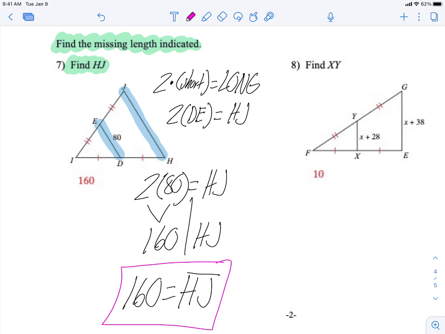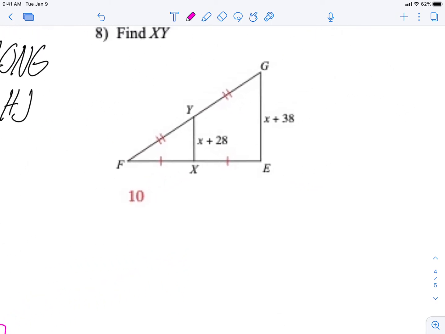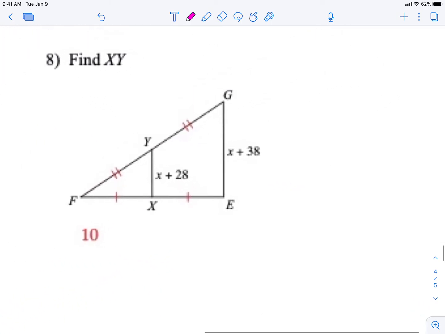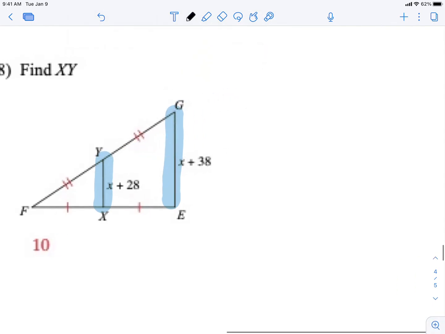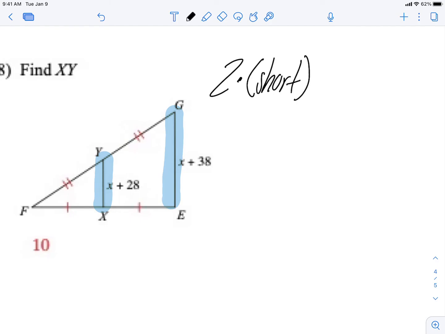So, okay, let's take a look at number 8. Last one. So, again, let us identify the short, and let us identify the long segment. And as we remembered, our formula or our notes say 2 times the short is equal to the long.